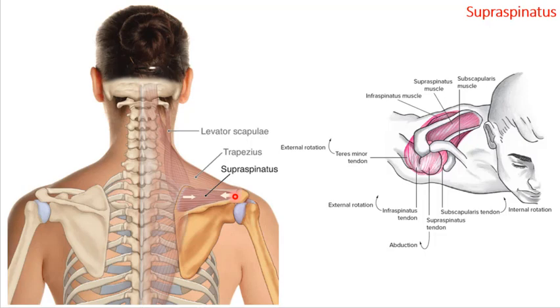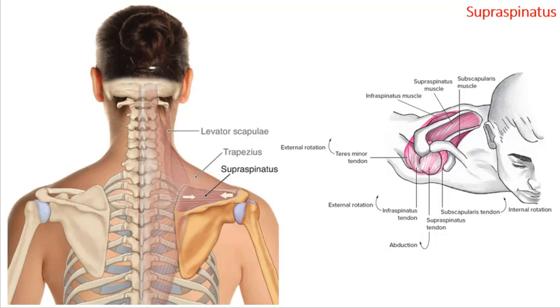But if it's asking which of these muscles is not an external rotator or something to that effect, it's not a wrong answer. It's just that the supraspinatus's primary function is actually abduction, so lifting the arm to the side, and that's usually reserved for the deltoid. But the supraspinatus initiates abduction. That's the primary aspect of it.